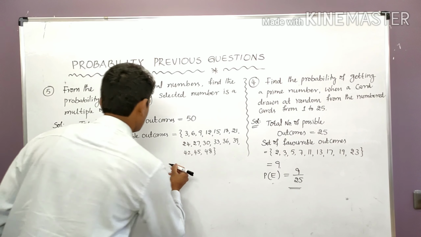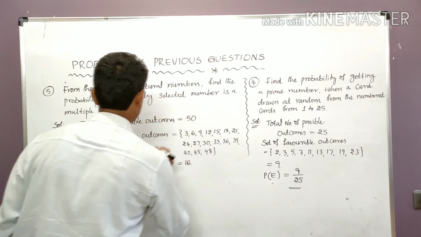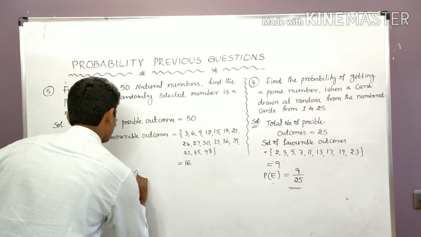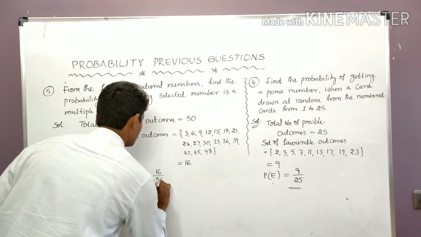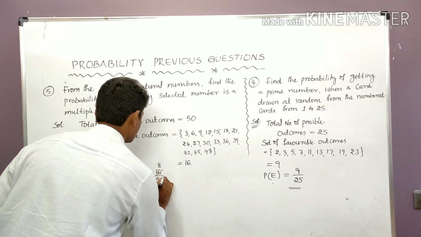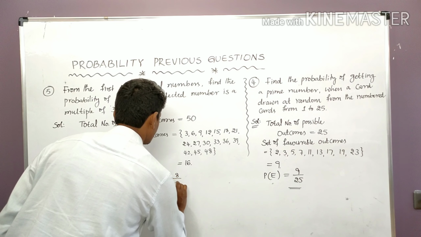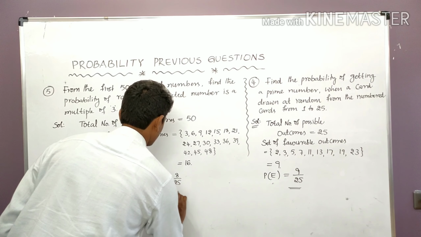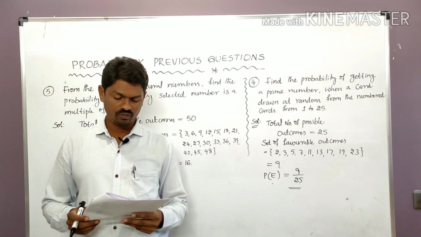Total number of favorable outcomes is 16. Therefore, if E is an event, P of E is equal to 16 divided by 50. You can cancel by 2: 2 8s are 16, 2 25s are 50. 8 by 25 is the probability. So this is the answer, 8 by 25.